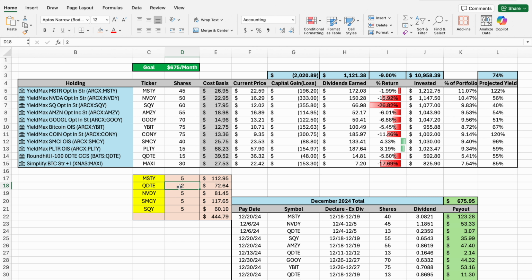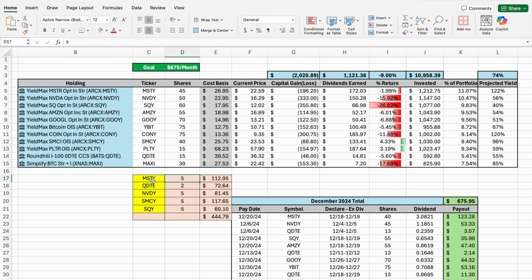Now, evening out the QDTE, QDTE is a more expensive fund at $40 per share. So I did buy 2 shares, so we're going from 13 to 15 shares of QDTE and lowering my cost basis further to $39.52.